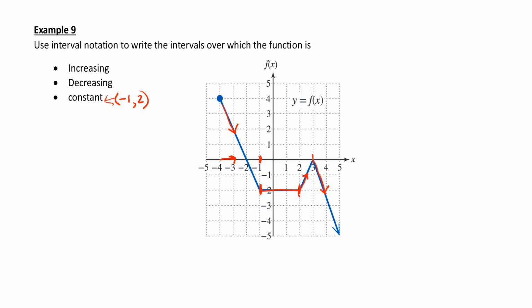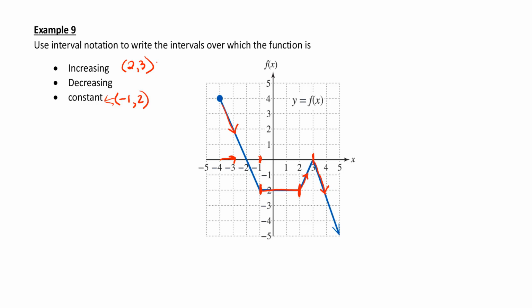When is the function increasing? I'm going to go to increasing now. The only time the function is increasing is between 2 and 3 on the x-axis. So the interval where the function is increasing is the interval 2 to 3. The reason I'm only using parentheses and no square brackets is because you can't really talk about what a function is doing at a specific point.